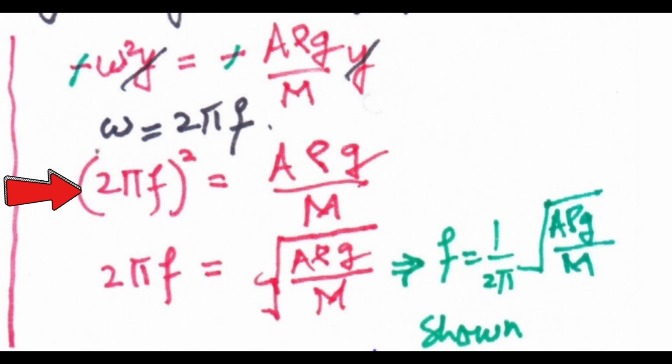So I put 2π f in place of ω. So 2π f whole square is equal to A ρ g over M. Now if I take under root on both sides, the square of 2π f will be gone and there will be under root coming on to right hand side, and I'll get 2π f is equal to root A ρ g over M. I make f the subject of the formula. 2π goes on the other side, and this is the formula that he has asked you to show, and we have shown that.